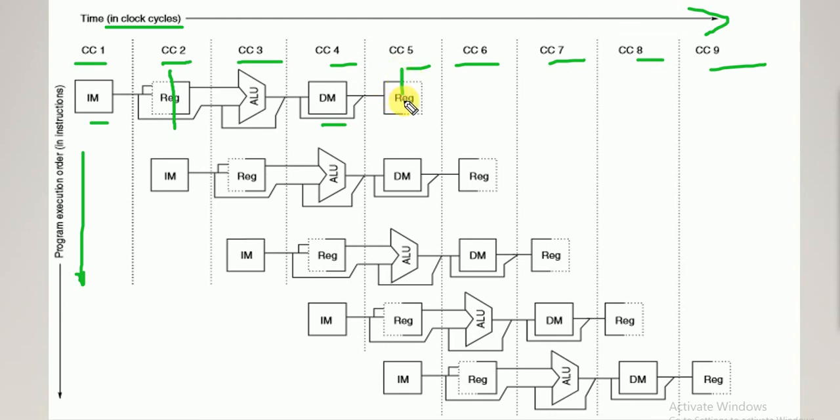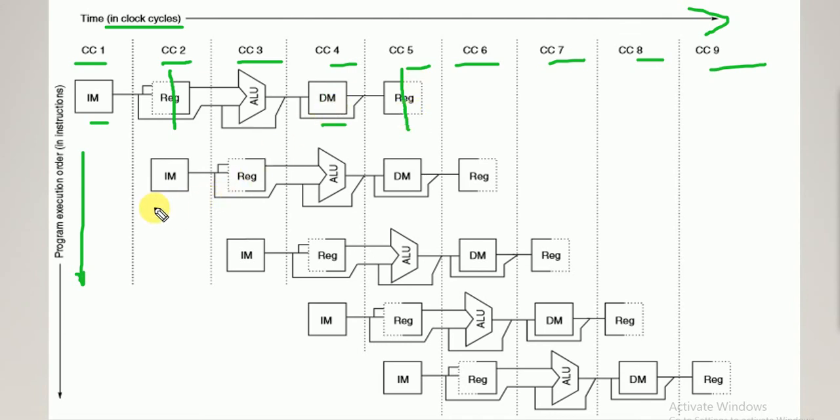Here you can see again the register is divided. The first half is bold because we are going to write the result, and the second half is dotted because no read happens here. So for all registers, the first half is dedicated only to writing and the second half only to reading.